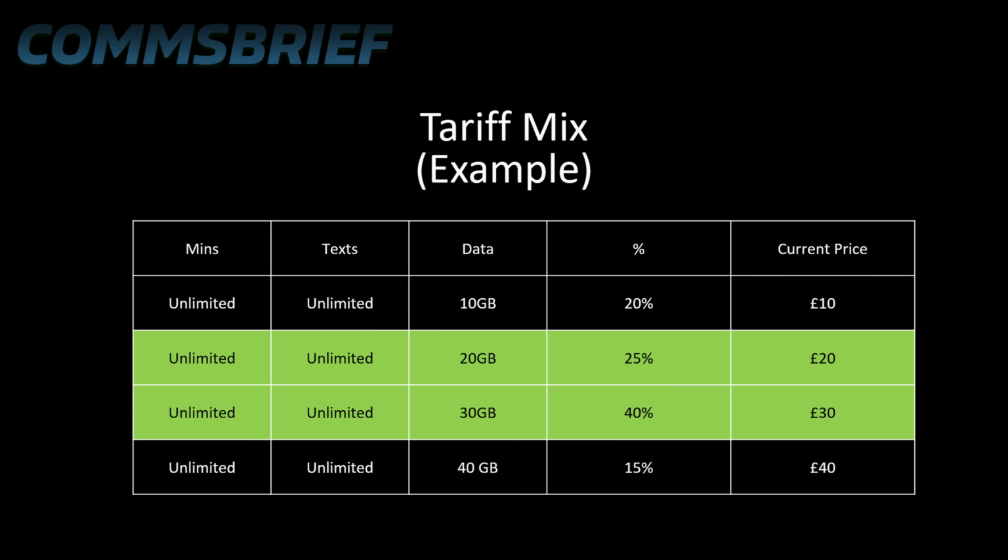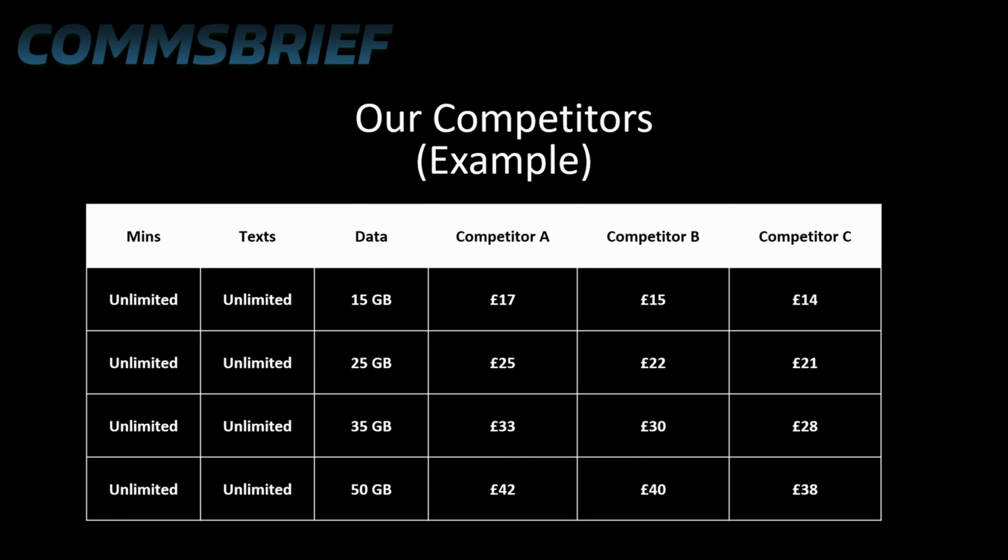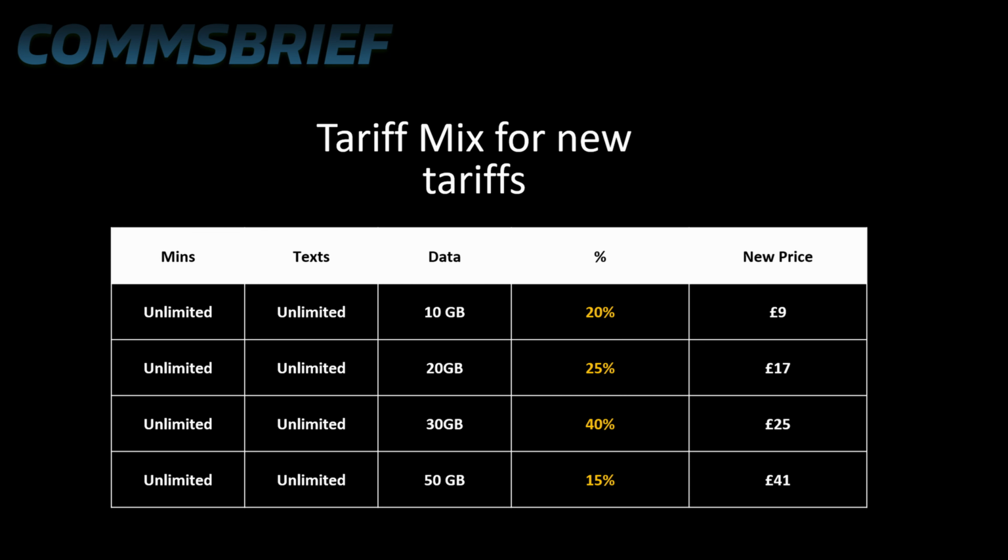For the new proposed pricing, if we price our tariffs such that we target the 20 and 30 GB tariffs and then make them slightly more competitive than today, and if we can offer a similar tariff for £40 to £41, just like the competition, we would be in a position to improve our chances of selling more. So let's go with something like this.